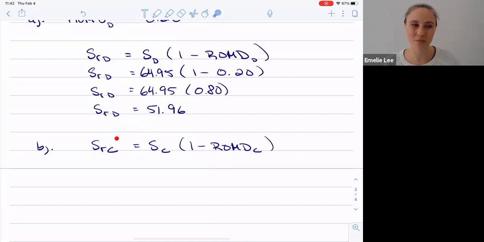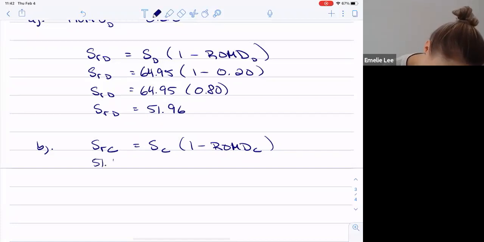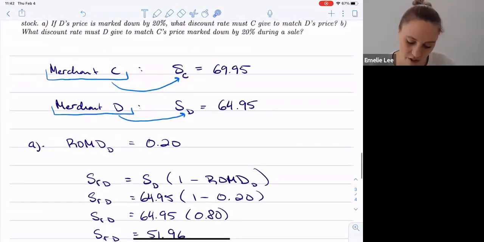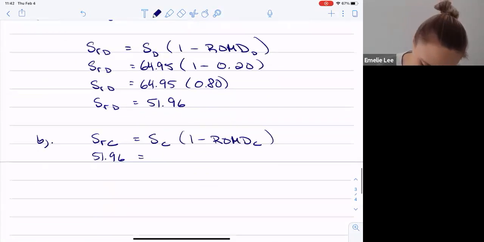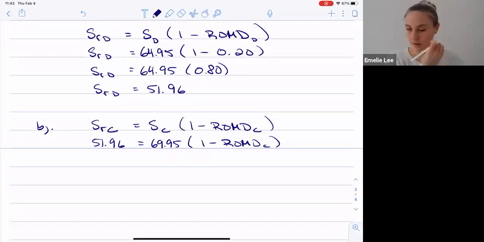They have to match that price. We're forcing it to be the same. So $51.96 is, and then they've got their original sales price, which is slightly higher, $69.95. And then we'll be able to solve for the lambda for C.